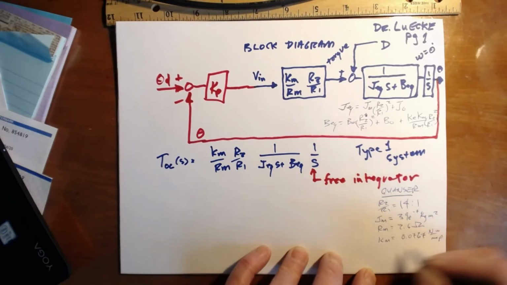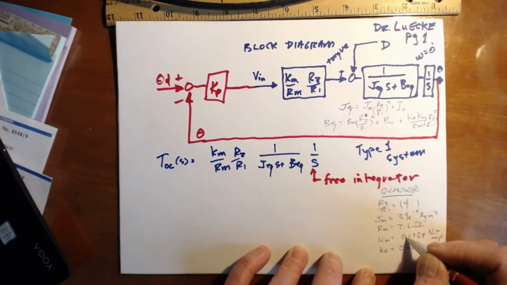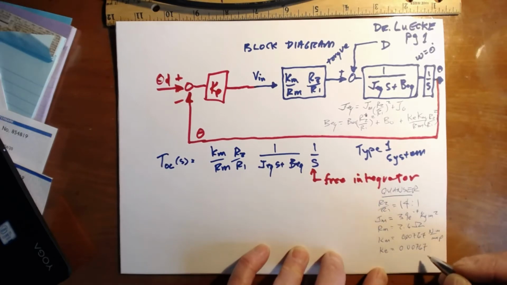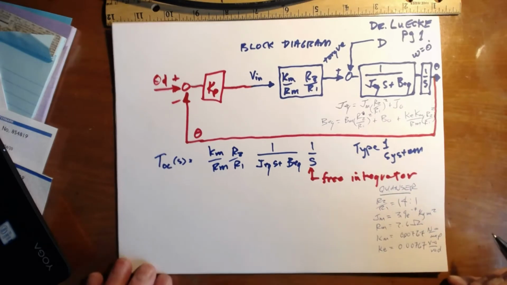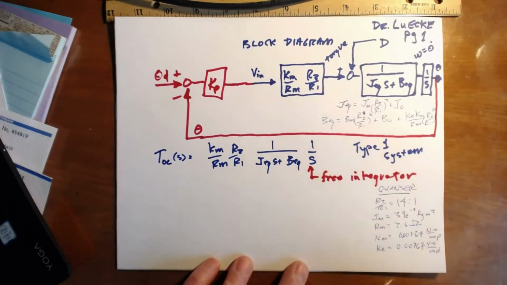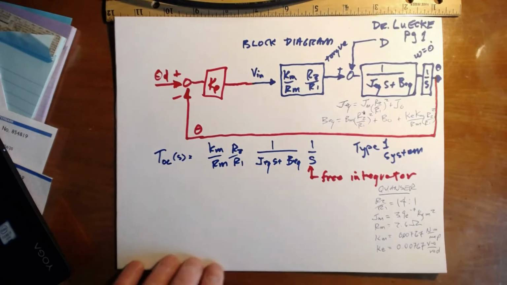Also Ke, the back EMF, is 0.00767, I left a 0 out of this one, in volt seconds per radian. You can show that these two are the same number somehow, but I've done it once upon a time. It's tedious.